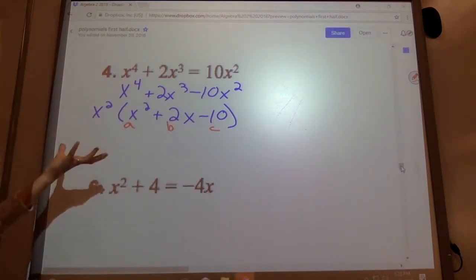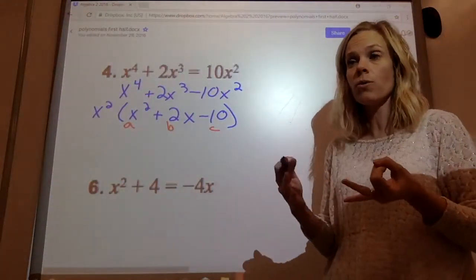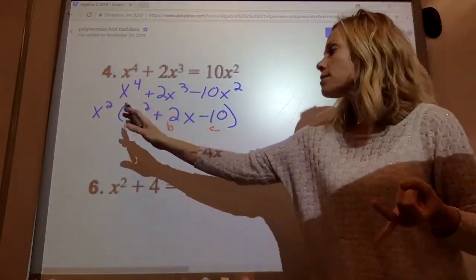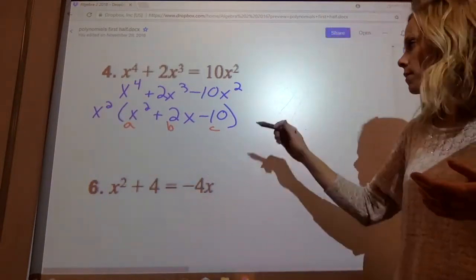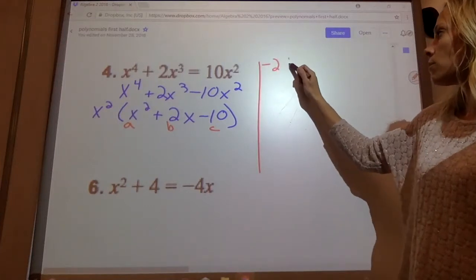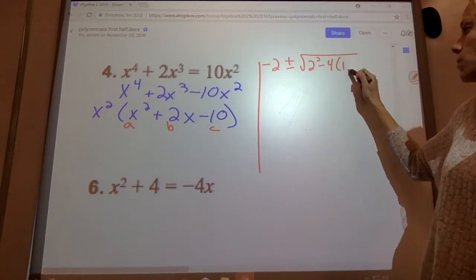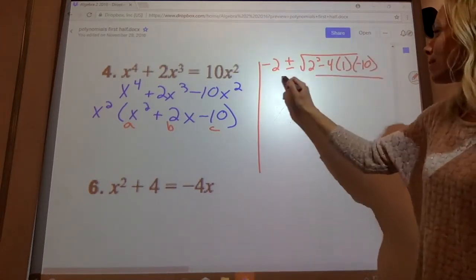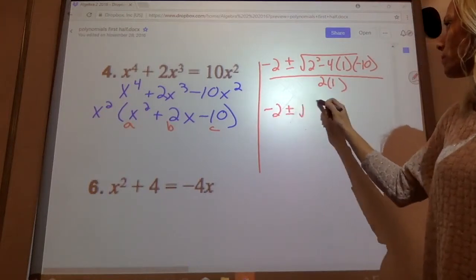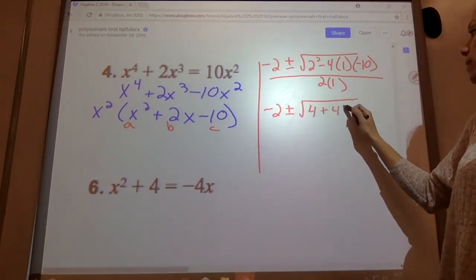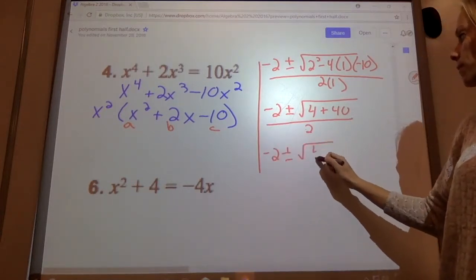So that will be the other type that you'll have where you'll have to use the quadratic formula. Sum and difference of cubes will always use the quadratic formula, and then sometimes you'll end up with something like this that'll use the quadratic formula. So I'd have -2 plus or minus square root of 2 squared minus 4 times 1 times -10, all over 2 times 1. -2 plus or minus square root of 4 plus 40. -2 plus or minus square root of 44.